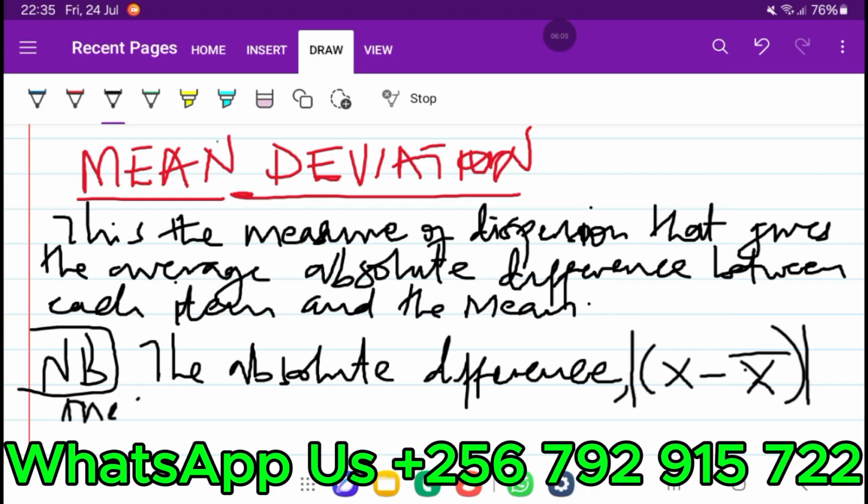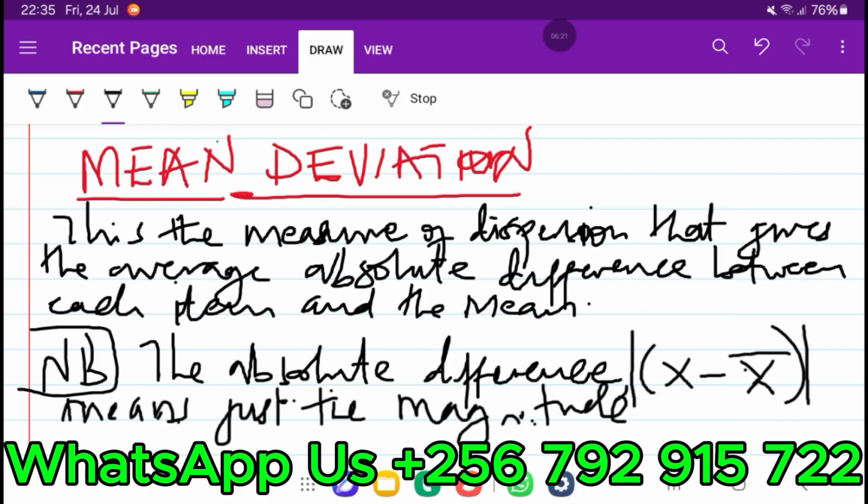That absolute difference means just the magnitude, or what you call the size of the difference.